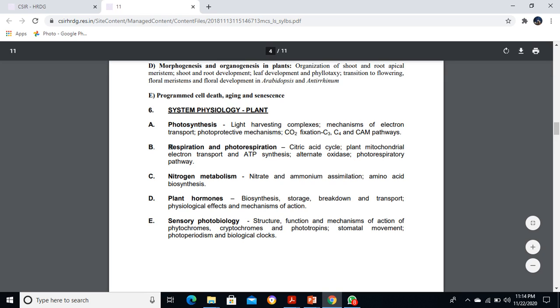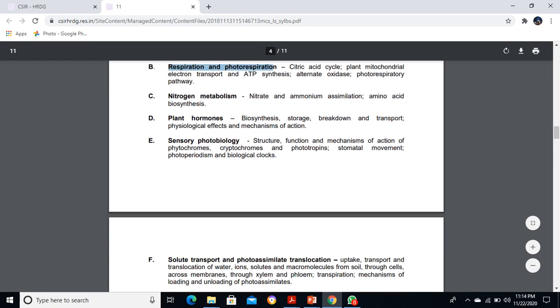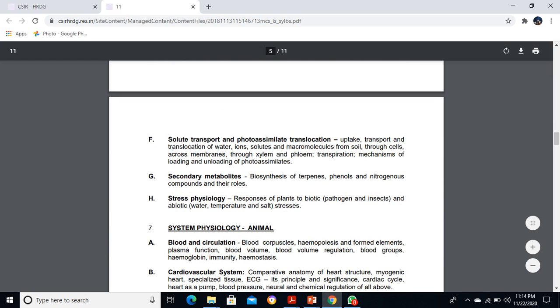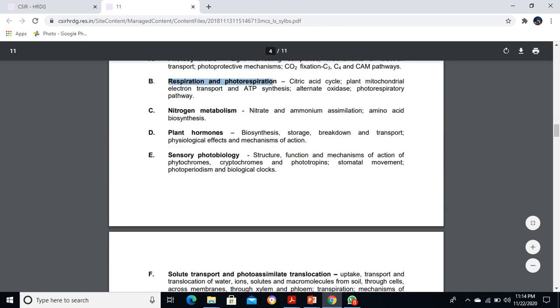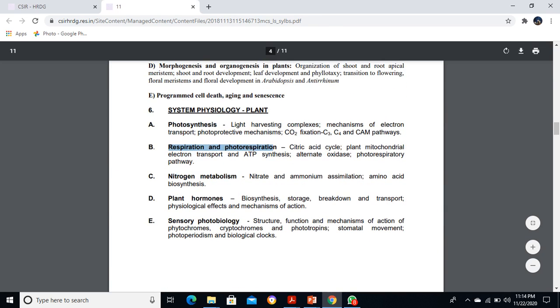Then respiration and photorespiration, nitrogen metabolism, plant hormones, sensory biology, solute transport and photoassimilate translocation, secondary metabolites, and stress physiology. So these are the units you can see in the module systemic plant physiology.